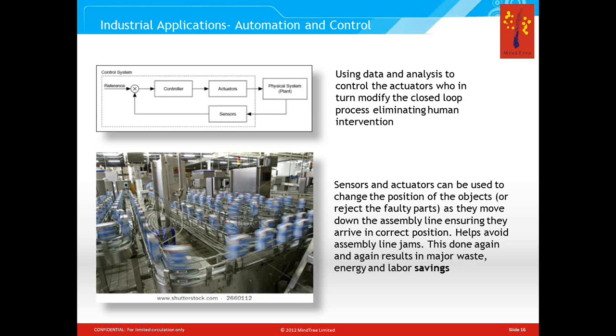Or in the assembly line, in this example, sensors and actuators can be used to change the position. Many times the objects need to come in the proper order, otherwise it can cause an assembly jam, which causes delays and costs money. So you can use automatic systems using sensors and actuators which avoid such things and save cost or effort.